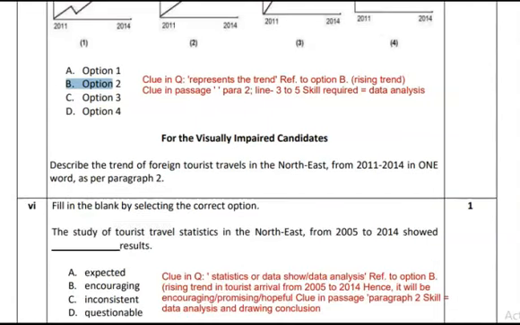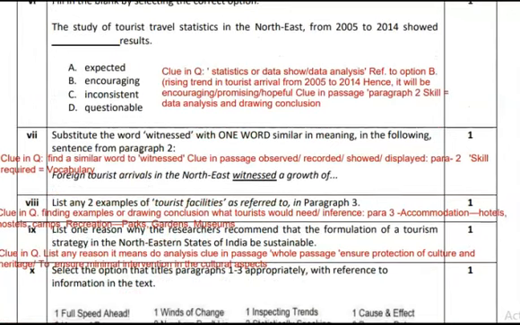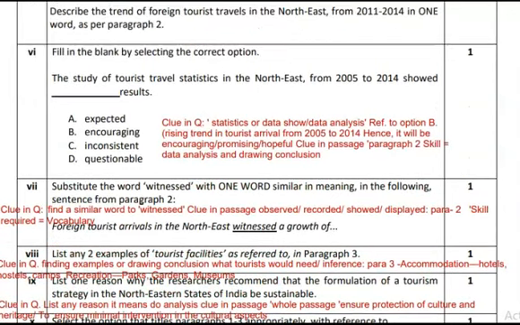Now look at question number 6. Again, same as the previous one. Fill in the blank by selecting the correct option. The study of tourist traveler statistics, again statistics means data, in the Northeast from 2005 to 2014 showed what kind of result?